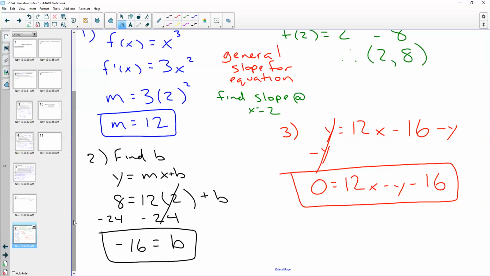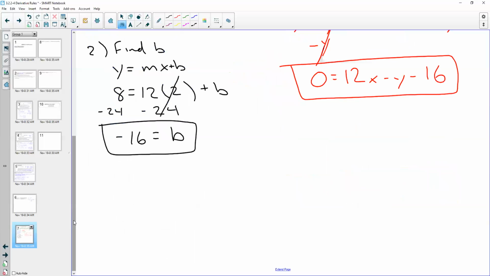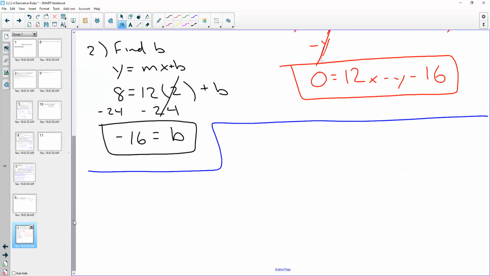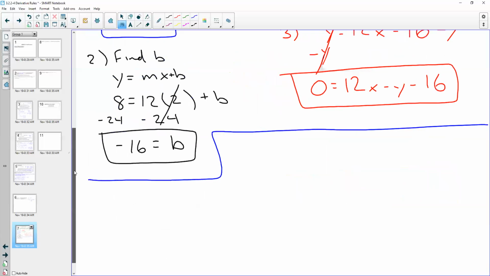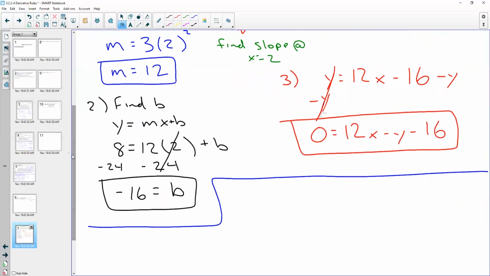Okay, so lastly, we need to find the equation for the normal line. Does anybody remember the relationship of the normal line to the tangent line? So it is the negative inverse of the slope of the tangent.